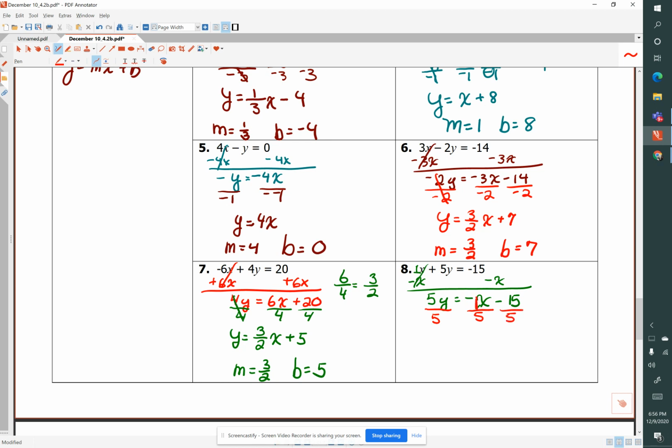Remember, we've got an invisible 1 here. So what we're left with is y equals negative divided by positive, still negative. Negative 1/5 x, negative 15, excuse me, students, negative 15 divided by 5 is negative 3. So our slope, our m, is negative 1/5, and our b value is negative 3.